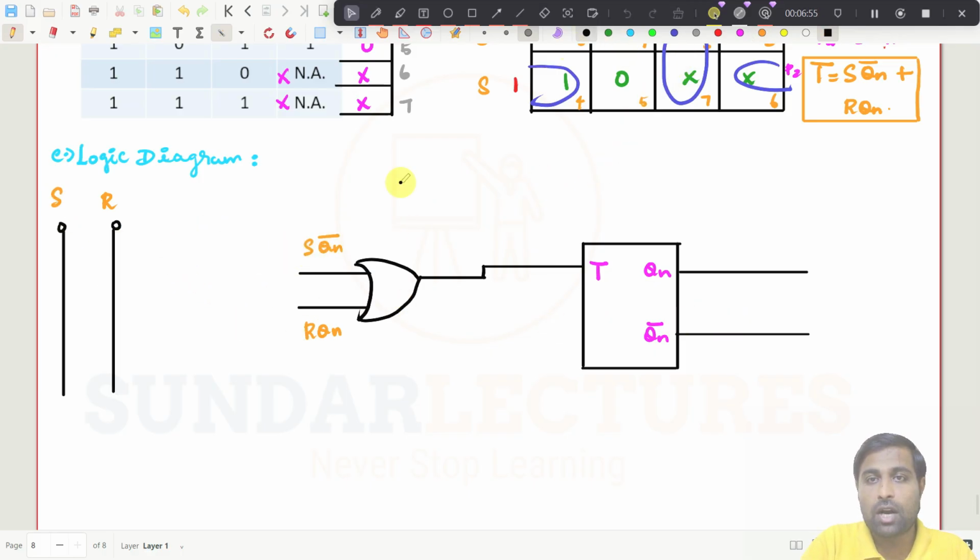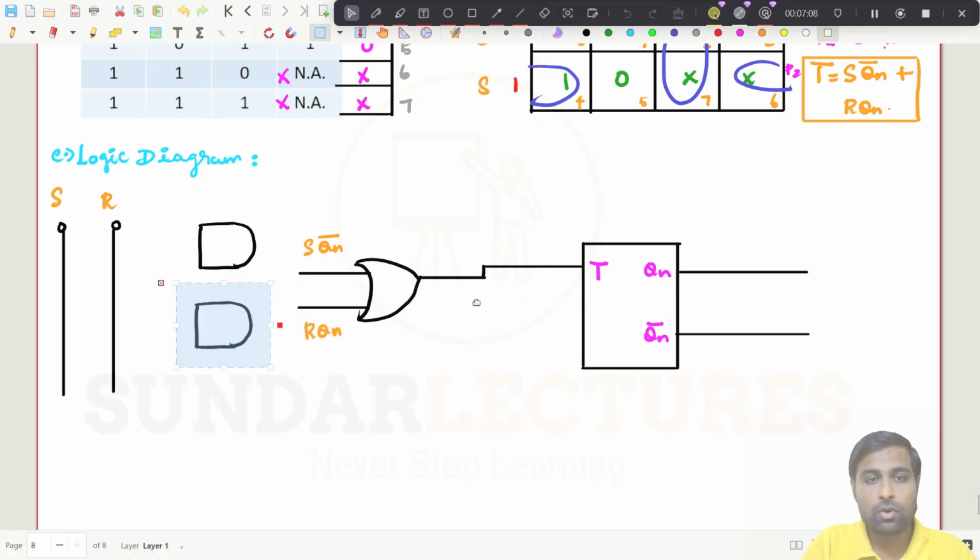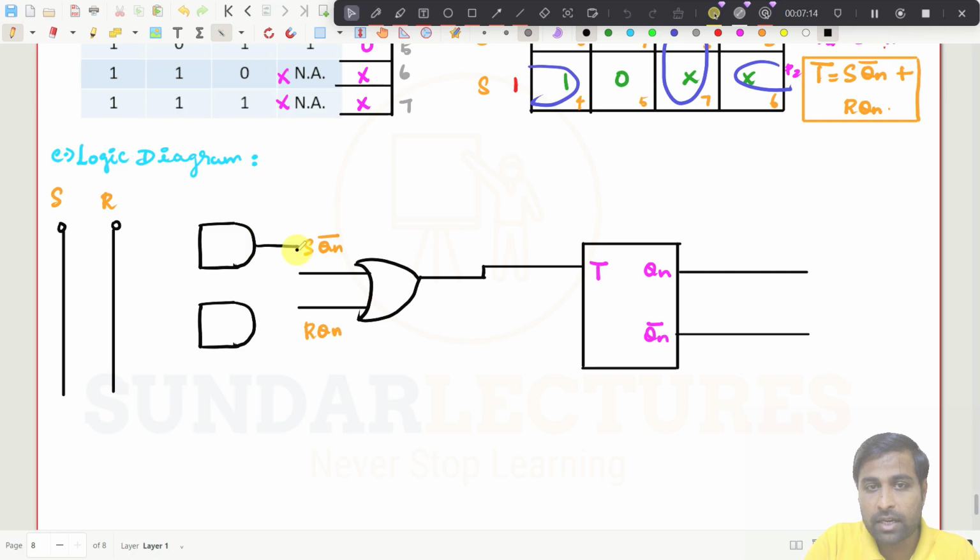So you need to draw the AND gate. So this is the AND gate. So just you can connect it down. This should be connected to this end, and this should be connected to this end. So what should be the input now? One should come from S and the other one should come from QN bar, right?